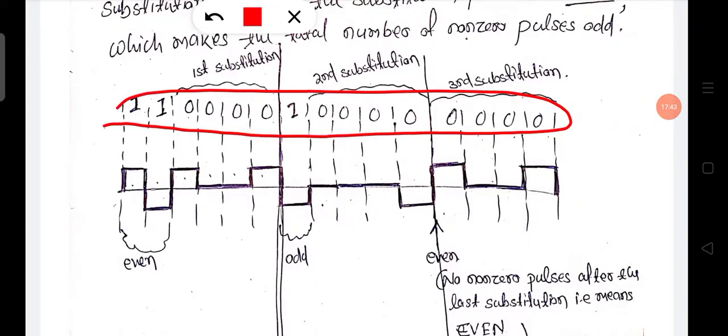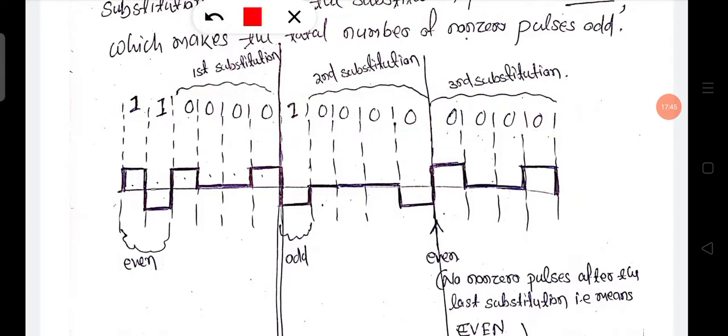See here the data given. Since there are 4 consecutive zeros, we use this encoding method.